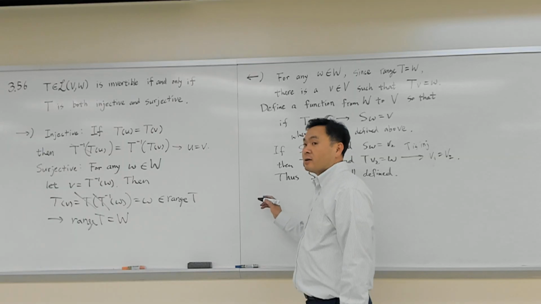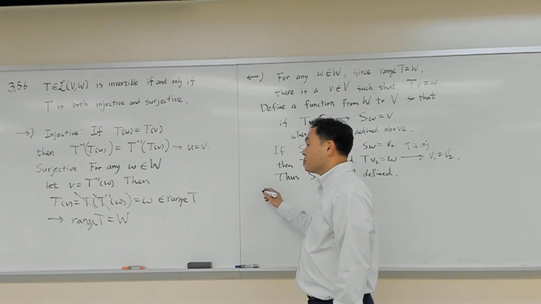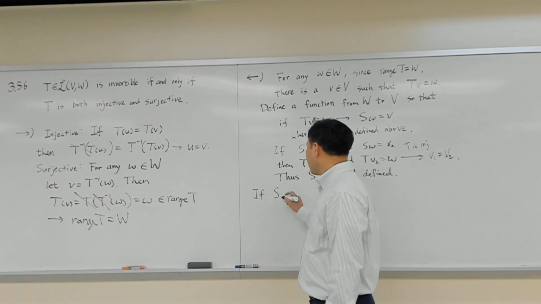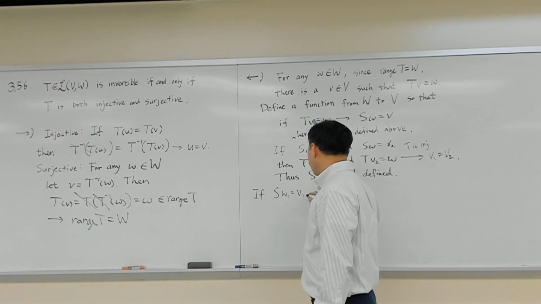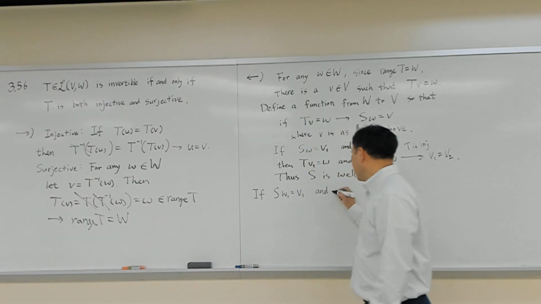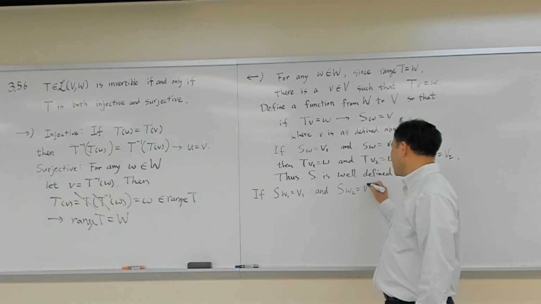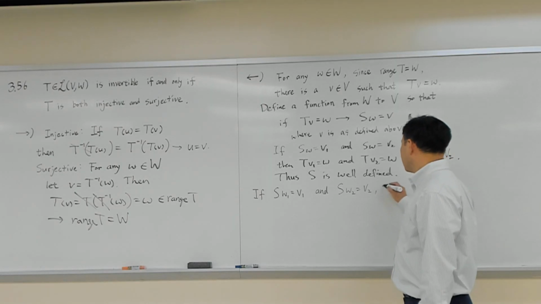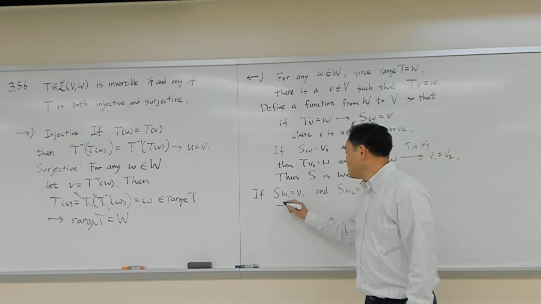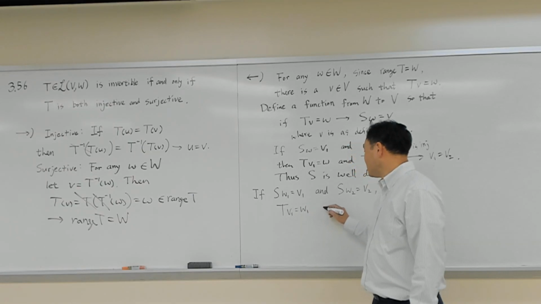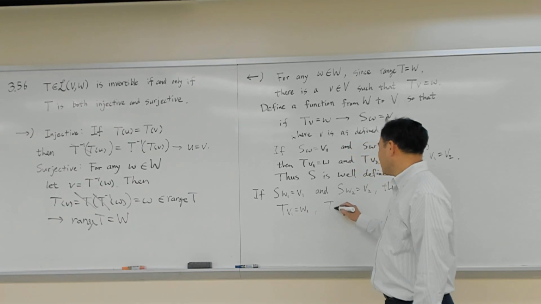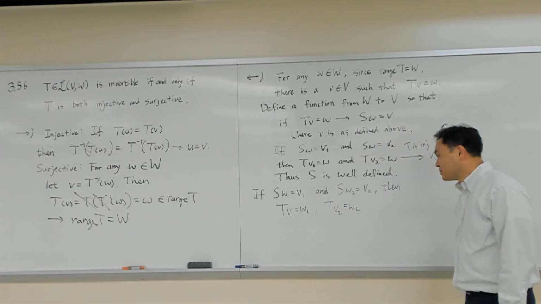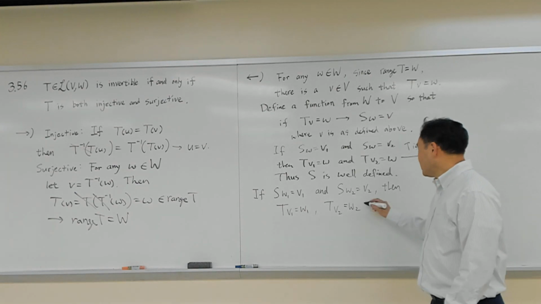So let's see. If S of w1 is v1 and S of w2 is v2, then T of v1 is w1 and T of v2 is w2 by definition.